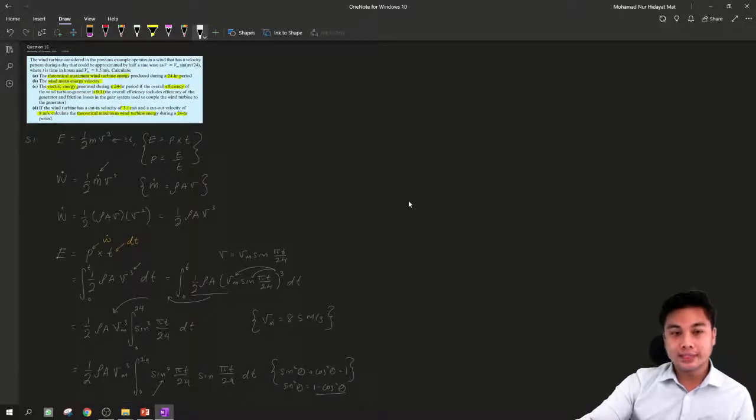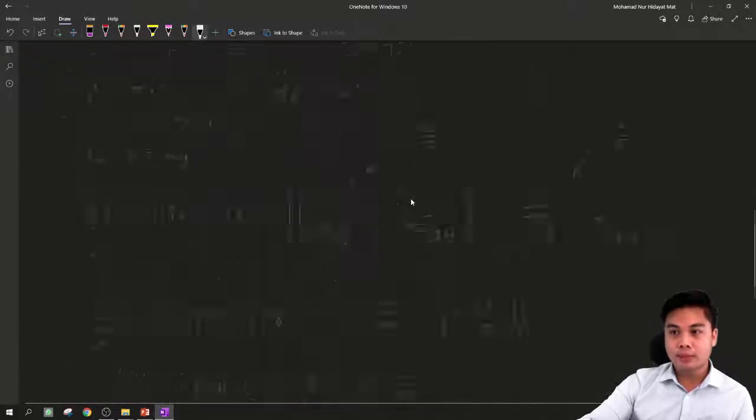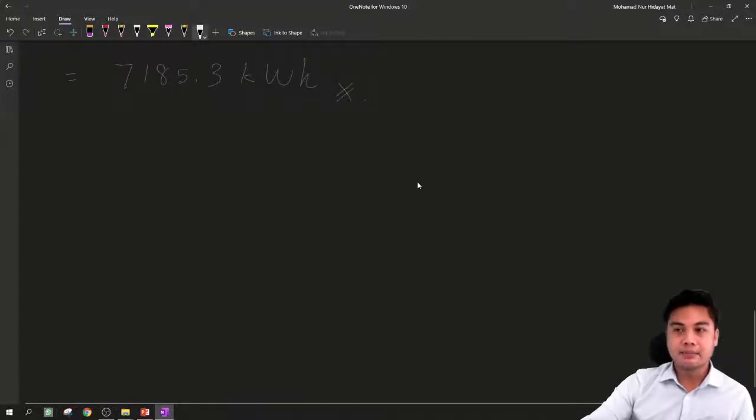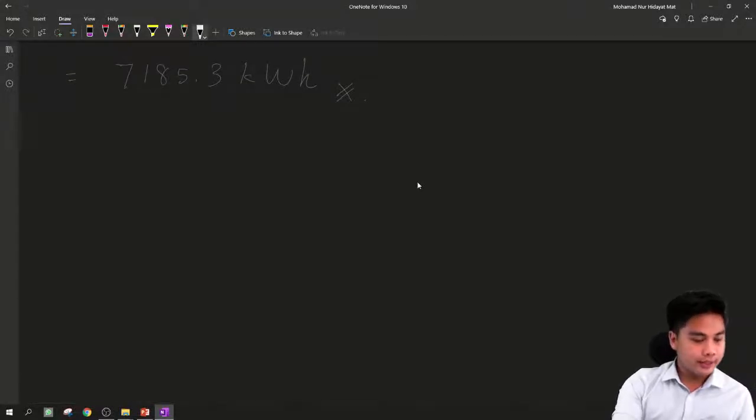In order to get the theoretical, we have to multiply with the maximum efficiency. So the energy max equal to efficiency max multiply with the energy available from the wind.